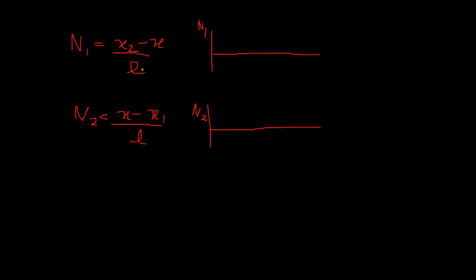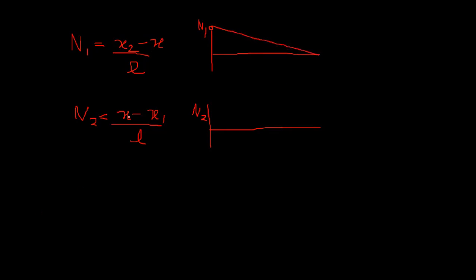So this becomes 1, right? At x equal to x2, this becomes 0, right? Those are the only points you know, so you can draw like this.